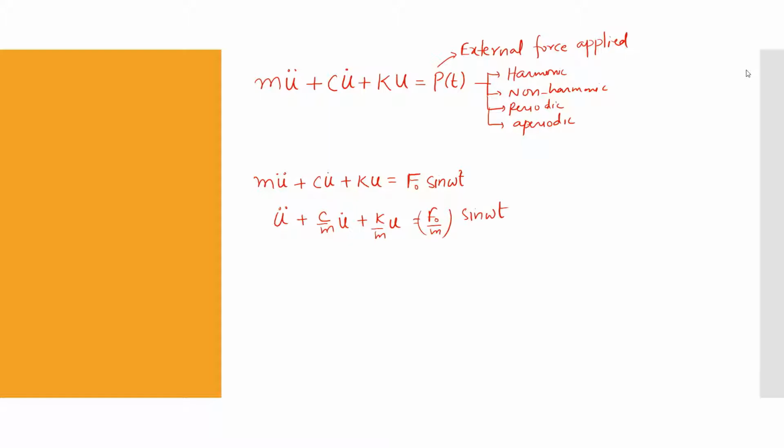So we can write again u double dot plus c by m, which was 2 xi omega n, we have already seen it before in the last two lectures, plus k by m, which was omega n square, into u equals f naught by m into sine of omega t.